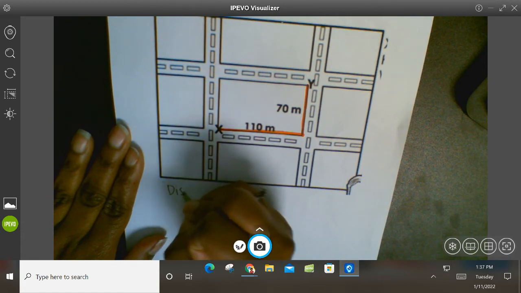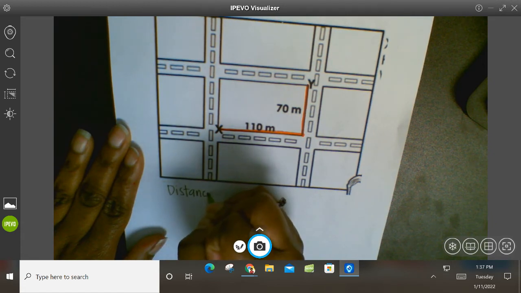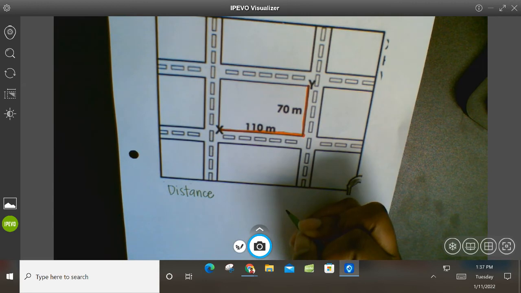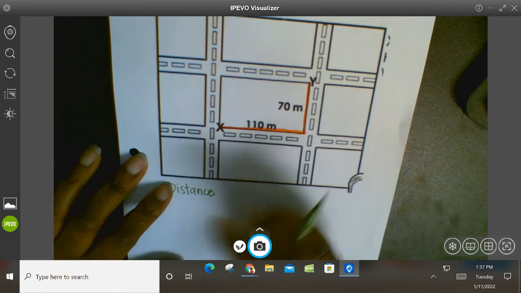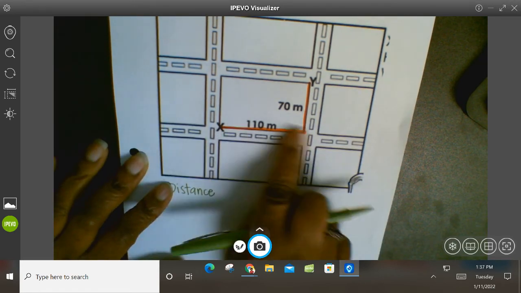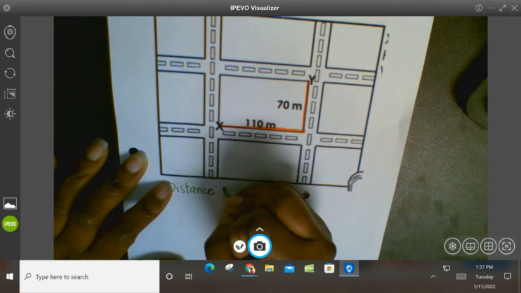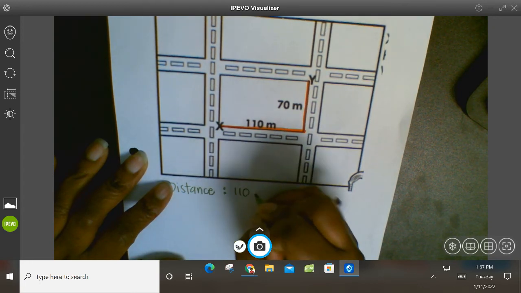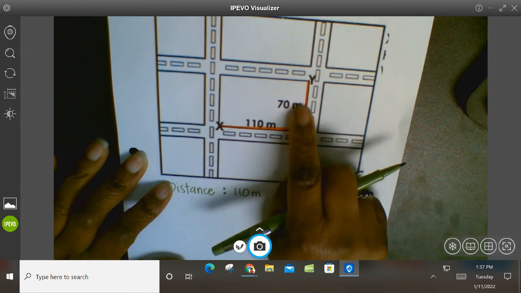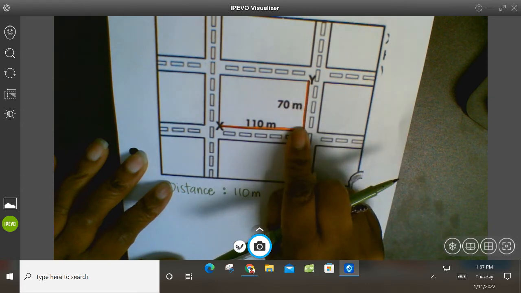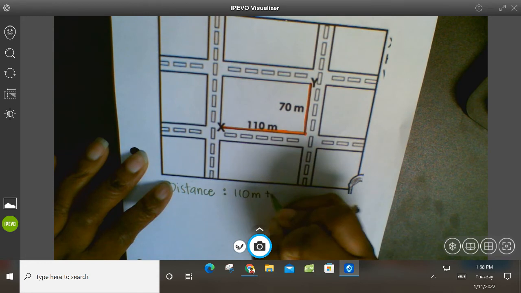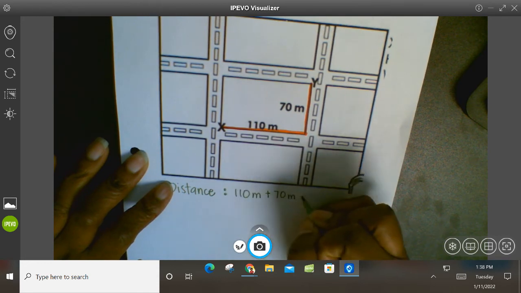All right, so to find the distance, remember that's the total length traveled, right? So what's the length for this part of the journey? So 110 meters. And then what's the total length in this part of the journey? So it's 110 plus 70. Okay?